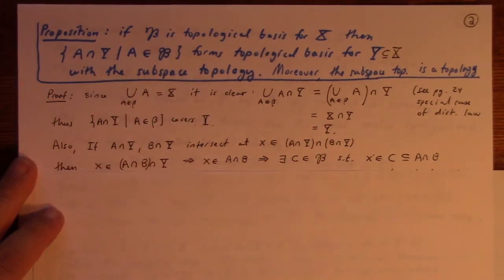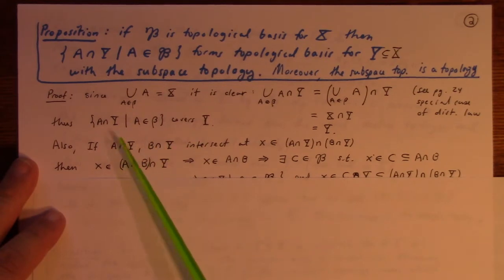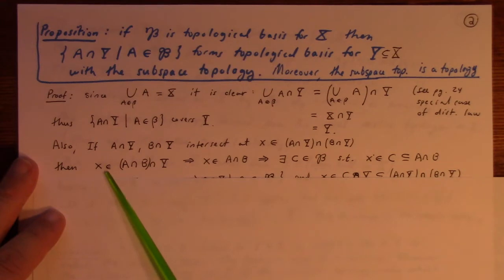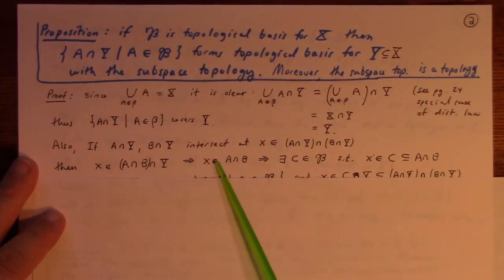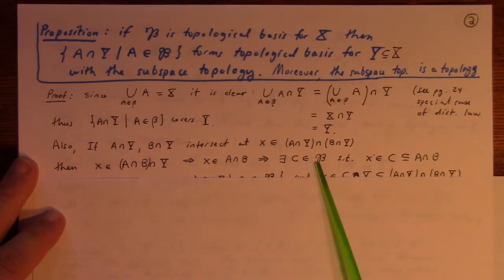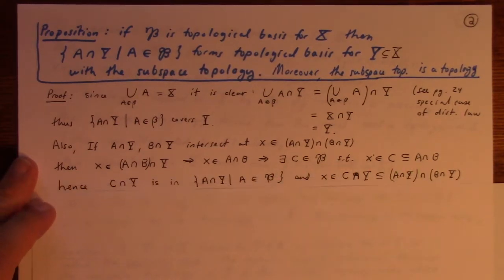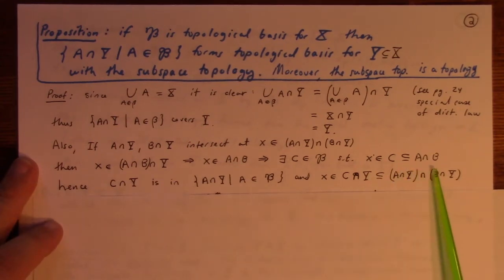And also, if we look at two members of the family which intersect, then if they intersect at x, that means that x is an element of A intersect B, where A and B are elements of the given topological basis for X. And as such, there is another thing in the topological basis, C, which also contains x and is a subset of A intersect B, which then means that C intersect Y is in this family.